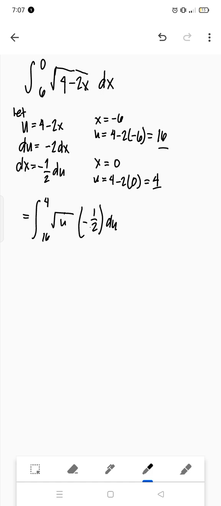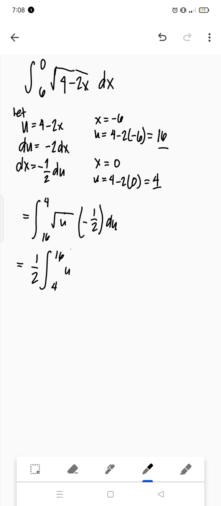Next, in order to get this negative 1/2 to a positive, we must bring it outside, which will become 1/2 integral of 16 and 4. As for why it's 16 and 4, it's because if this negative 1/2 is brought outside, the limits will be switched.